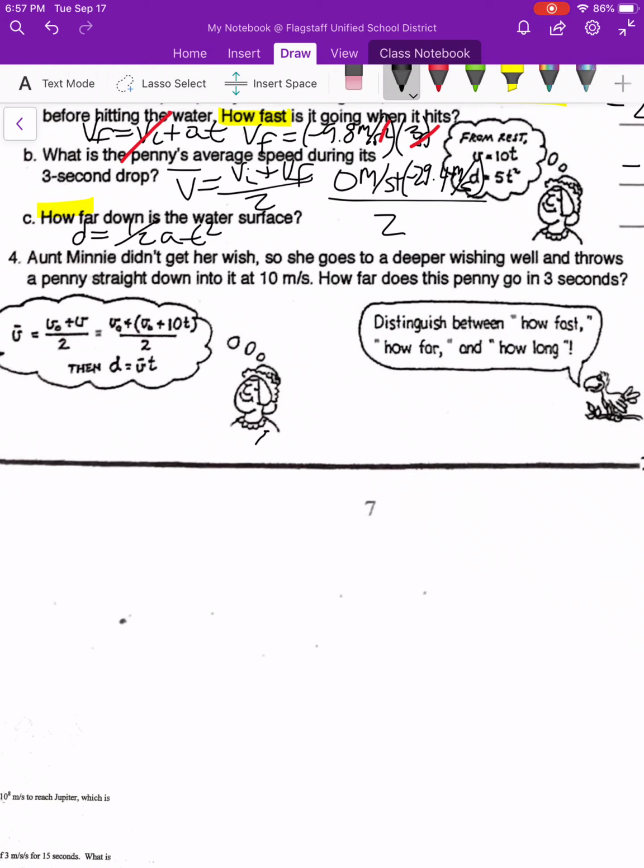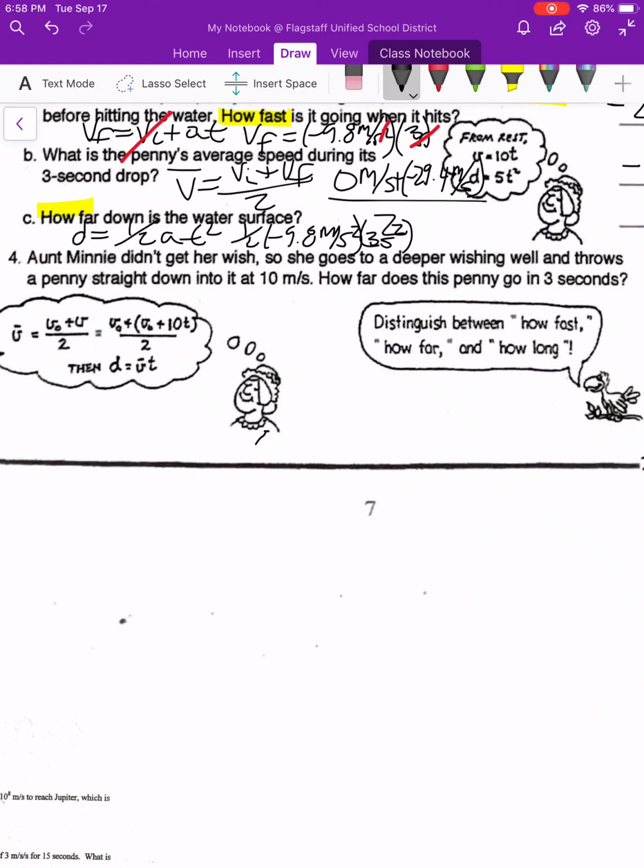So we know 3 seconds. Okay, so I'll rewrite this. 1/2 times negative 9.8 meters per second squared times 3 seconds squared. I don't have enough space on this worksheet. Okay. And that is 3 squared, which is 9, times 9.8.